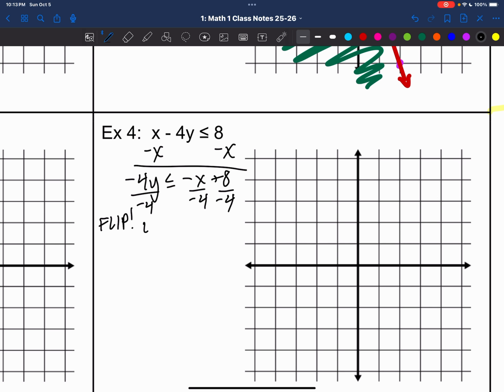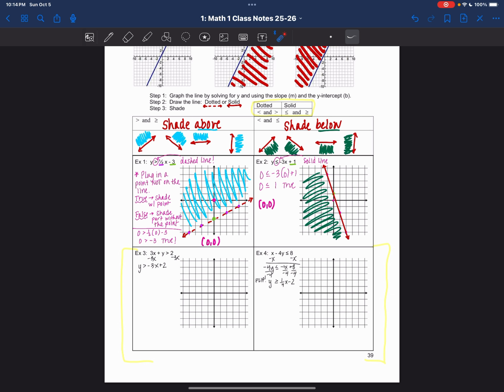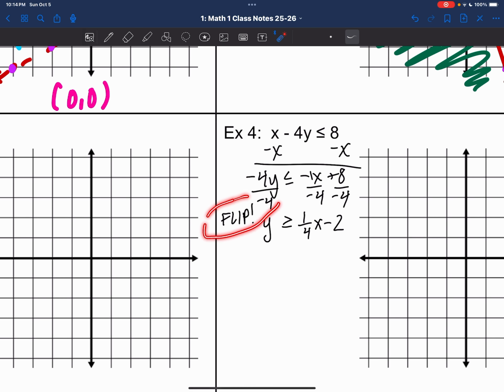So you're going to get y is greater than or equal, remember that's a negative 1 there, to 1/4 x minus 2. Now that we've got this, go ahead, you're going to graph and go up 1, 1, 2, 3, 4, and then you go down 1, 1, 2, 3, 4, plot your point, and then you're going to figure out which way to shade it. So don't forget, whenever you multiply or divide by a negative, we got to flip.